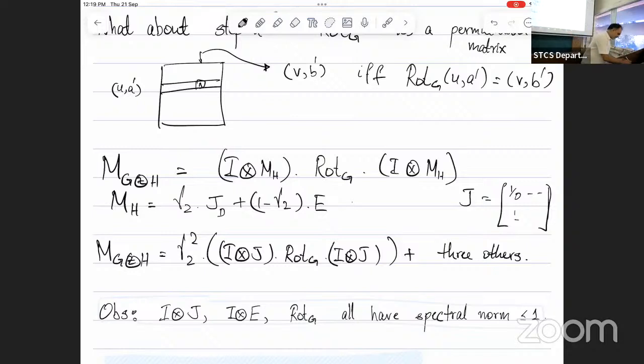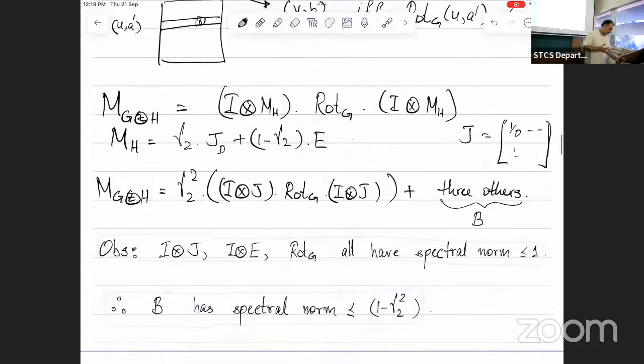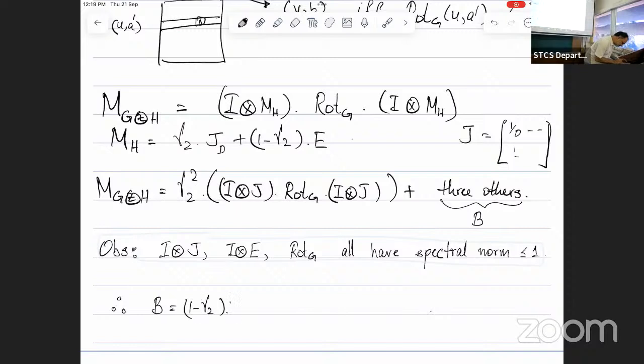Which means if I collect all of them and call this some matrix B, with of course some gamma combinations of them. Let's just write down what this B is. So this B is going to be 1 minus gamma 2 times gamma 2 times I tensor E, rotation map G, I tensor J. Maybe there are two copies of it. I'm being sloppy here.